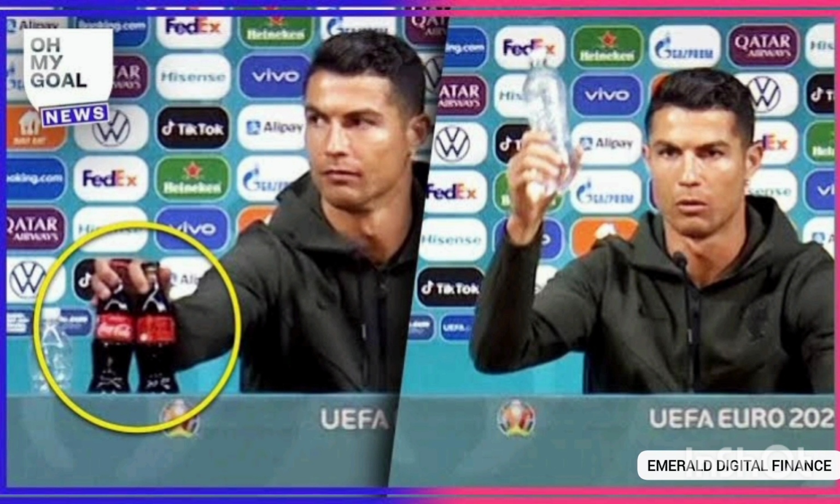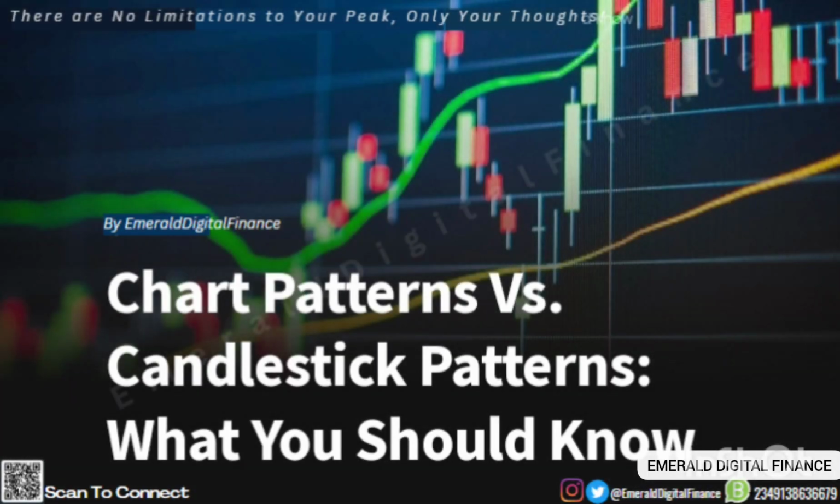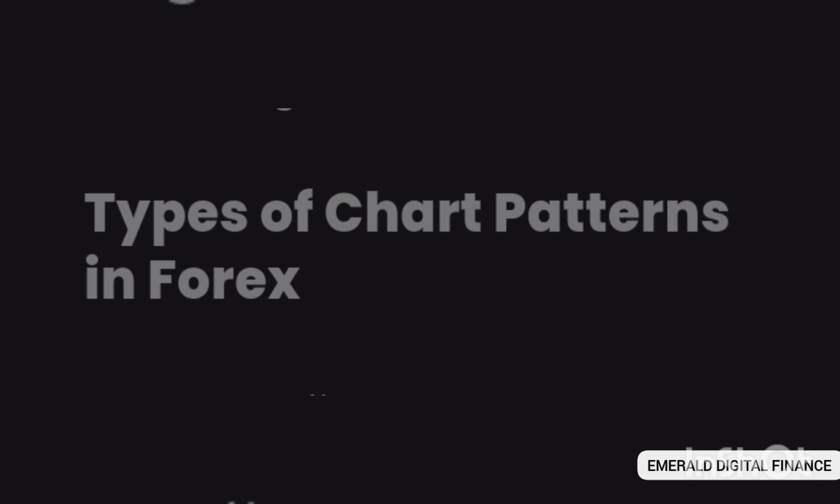That's just an action by somebody, and it affected the stock price of Coke in the stock exchange. So basically, there's almost nothing that can't affect, trigger or determine the price or pattern of price in the forex market. So now let's talk about types of chart patterns in forex.